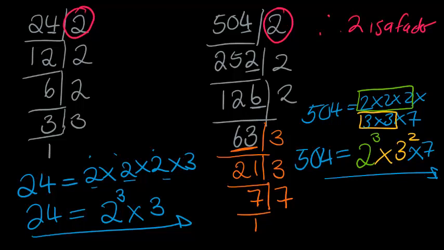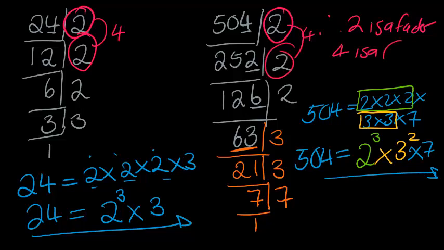I could say 2 times 2, which is 4. 2 times 2 is 4. So 4 is a factor of both. So just so that you understand that a factor refers to these numbers that you can divide it by.